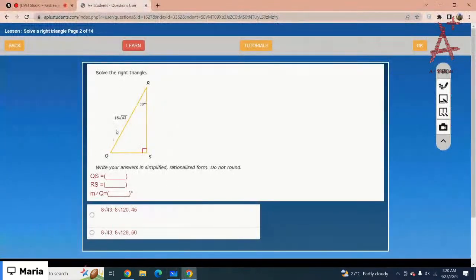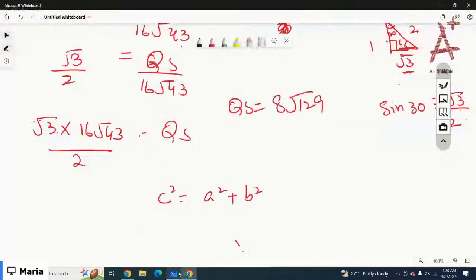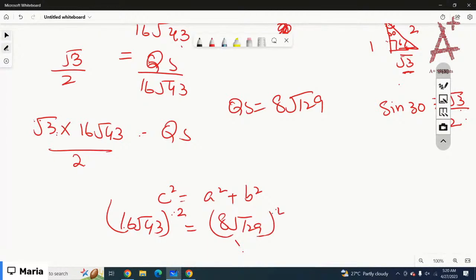You are given c, that is 16 square root 43. So 16 square root 43 squared equals a squared. Let's suppose a is 8 square root 129 squared. You have to calculate b. Just do the calculations and calculate the value of b.